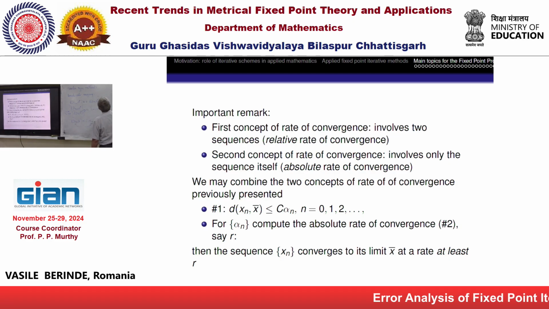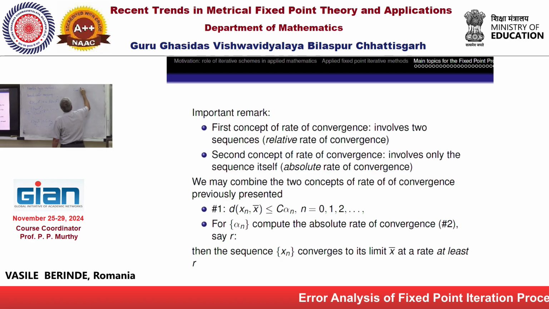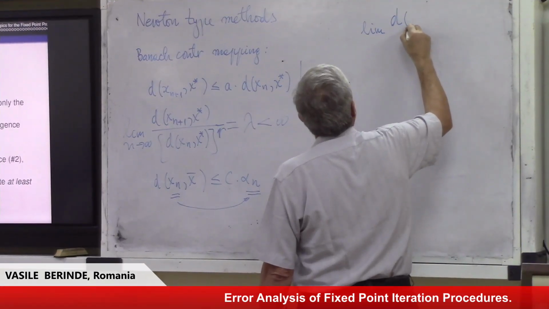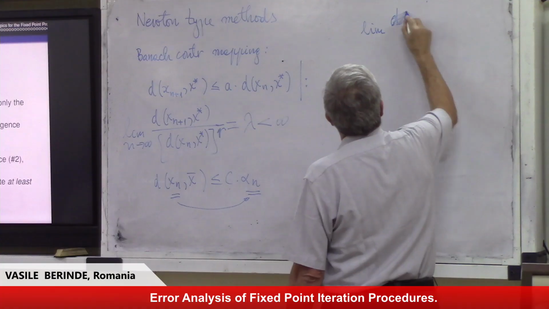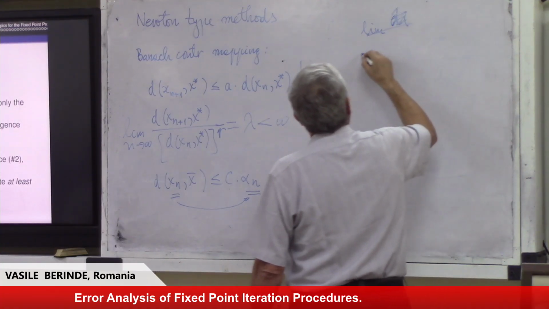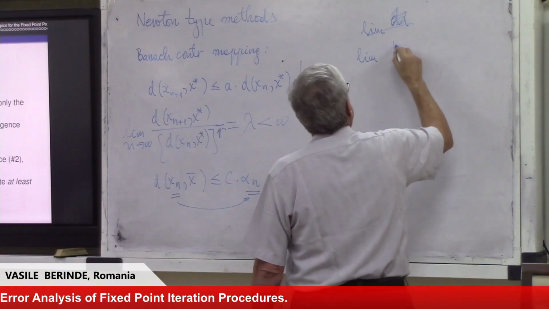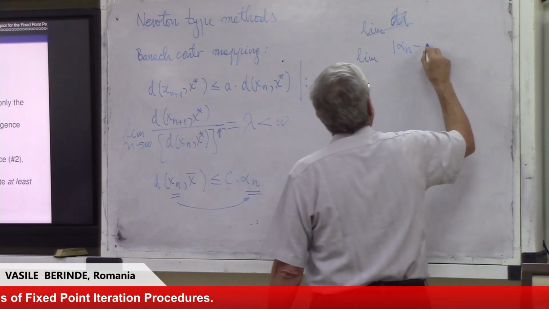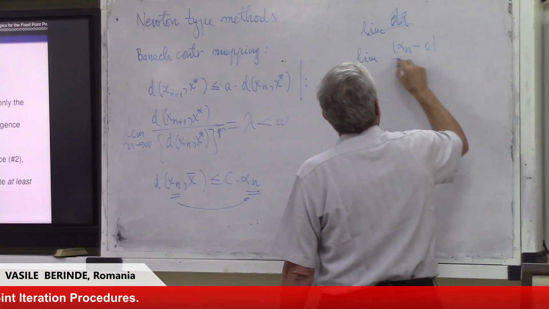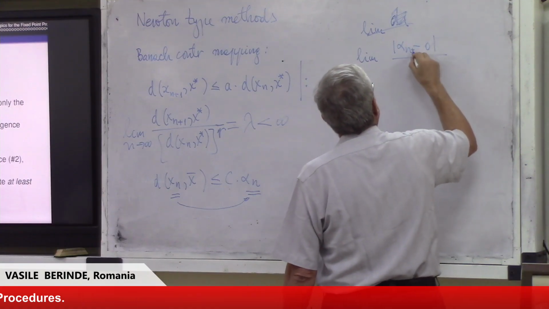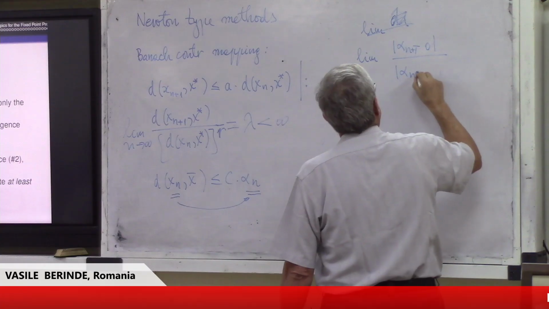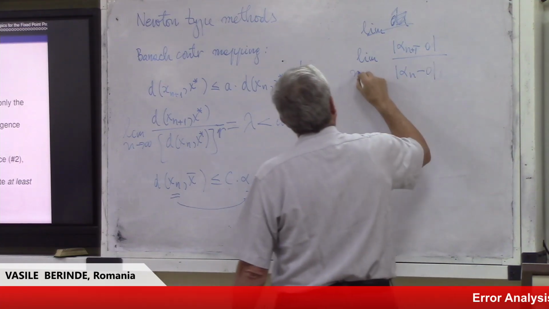We have for alpha n a limit of alpha n plus 1 over alpha n. It's actually, in our case, a sequence of positive numbers, and its limit, we know, is 0.